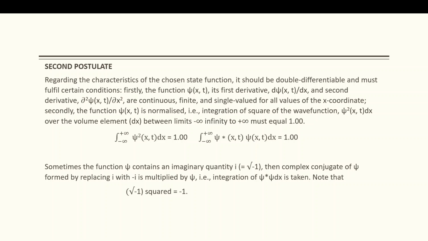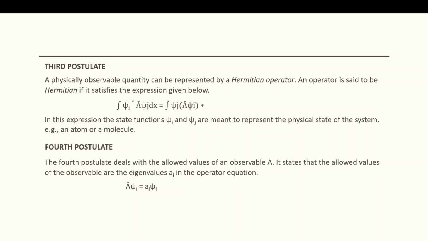Then the complex conjugate of psi, formed by replacing i with minus i, is taken and it is multiplied by psi. Thus, instead of taking integral of psi square dx, we take integral of psi star multiplied by psi, then dx. This is just to eliminate i, because when you take the square of under root minus 1, it becomes minus 1.